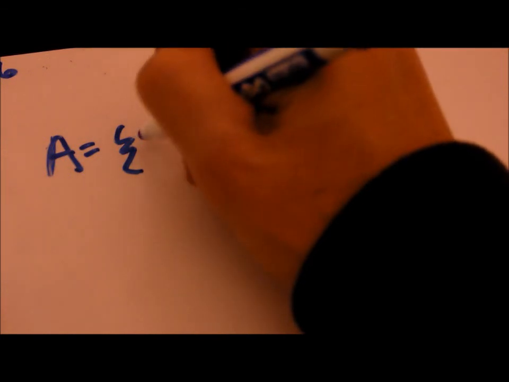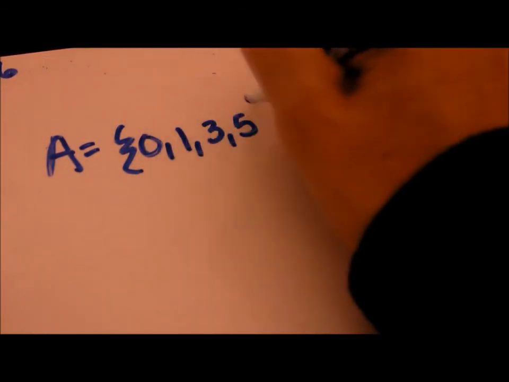Okay, example 3 gave 3 sets, A, B, and C, and hopefully you're looking there. And they have these weird statements. What they gave us was A equals the members 0, 1, 3, and 5.